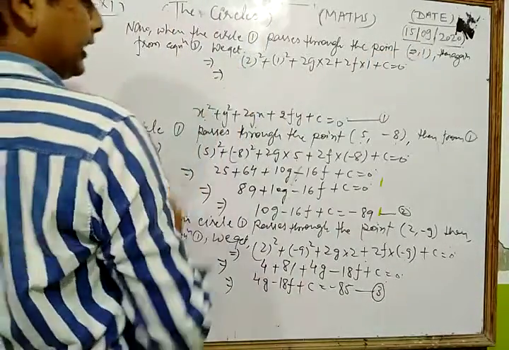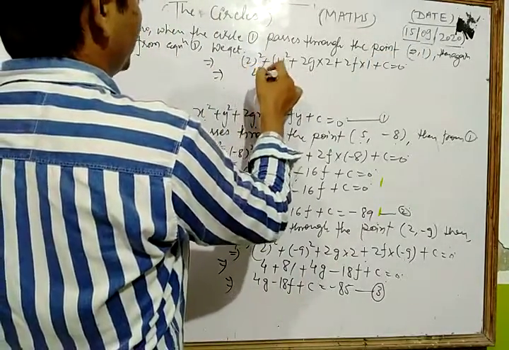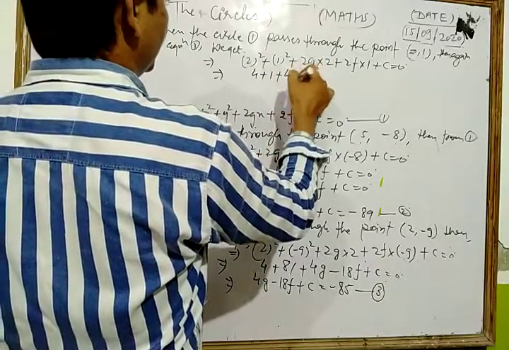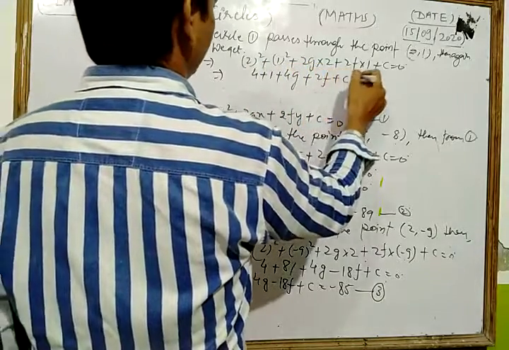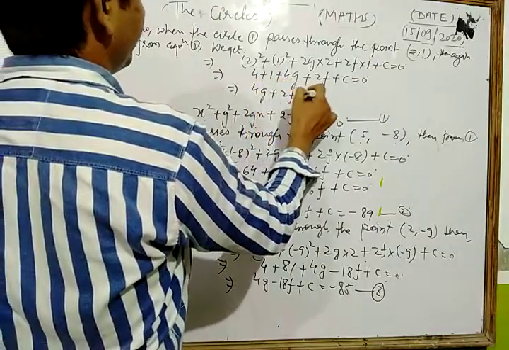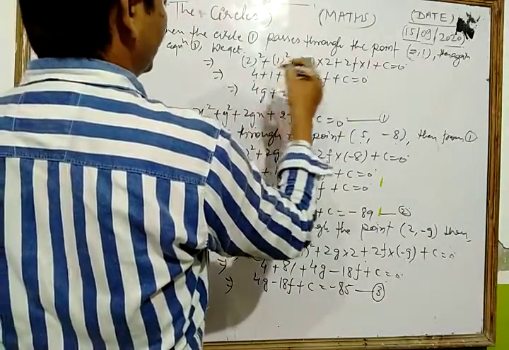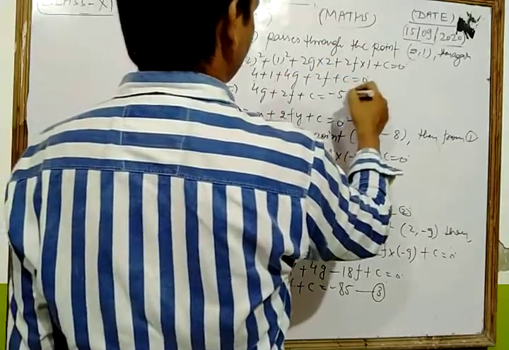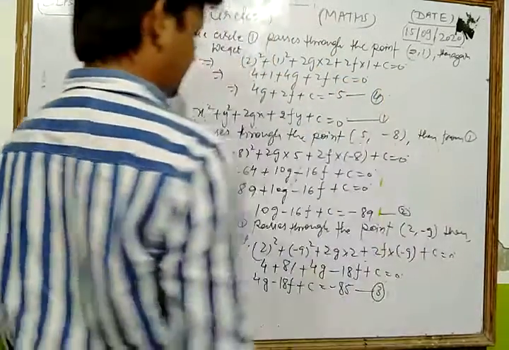So we get 4 plus 1 plus 4g plus 2f plus c is equal to 0. Now we get 4g plus 2f plus c is equal to minus 5, transferring 4 plus 1, 5, to that side. We get equation number 4.